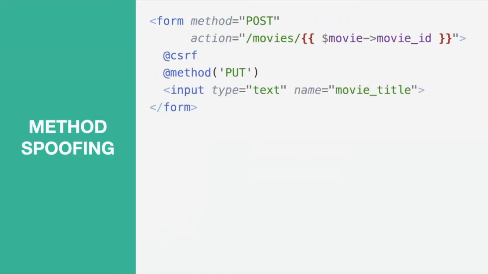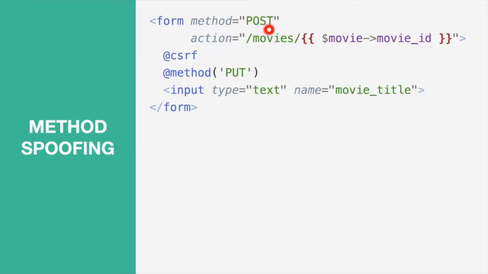For method spoofing, it's something similar. For example, if we want to have our edit form that will update a movie, we would still use the post method. Now, if you remember, the post method we generally use for creating new data, not for updating.